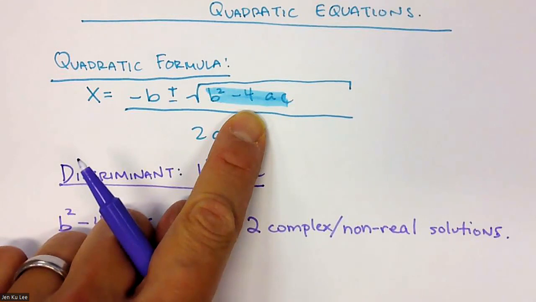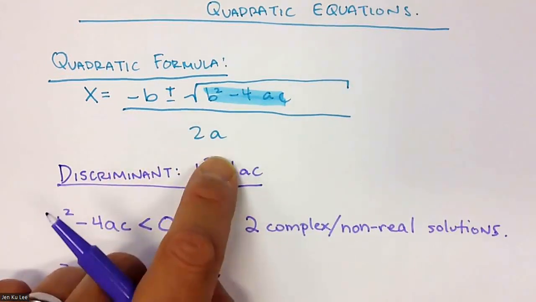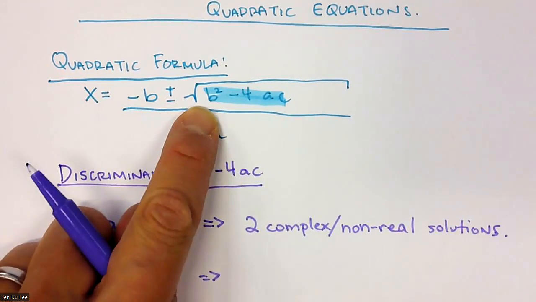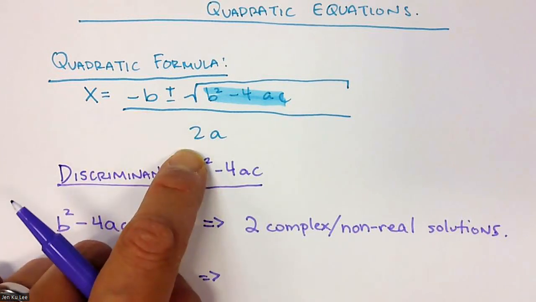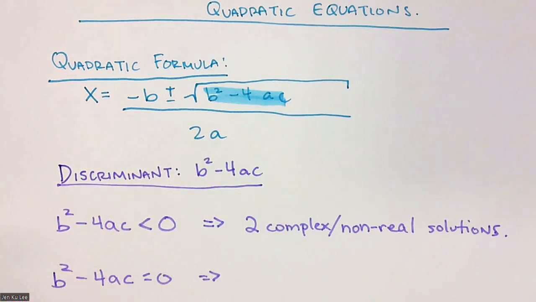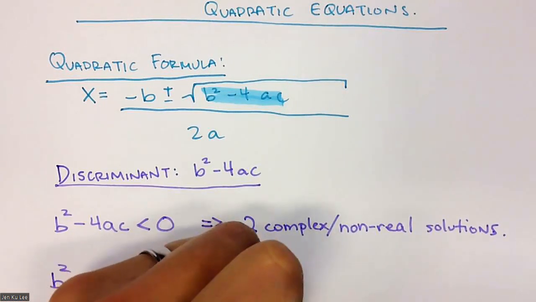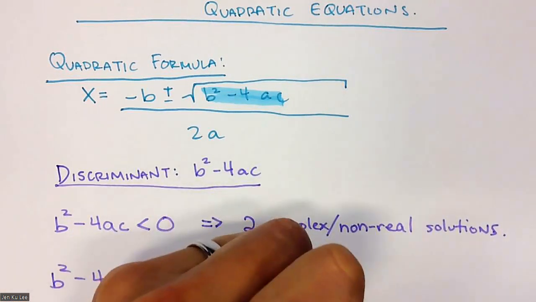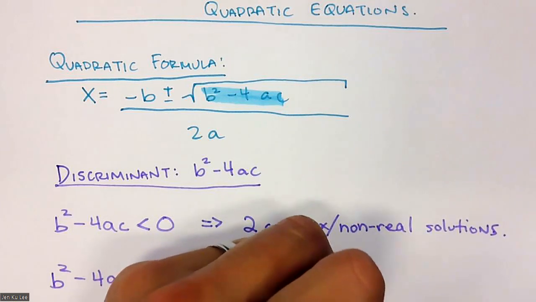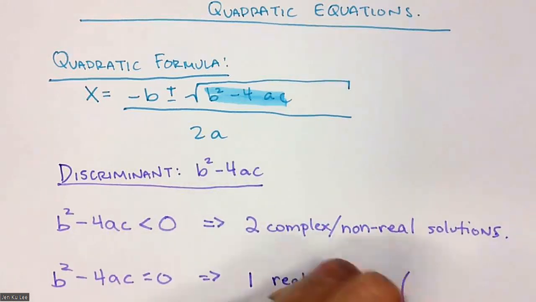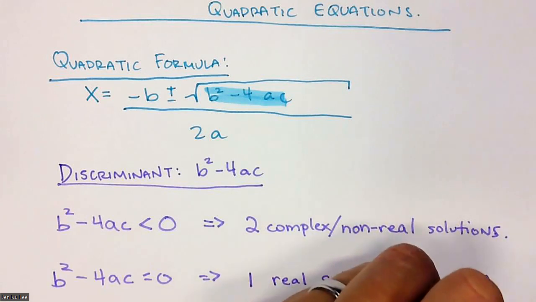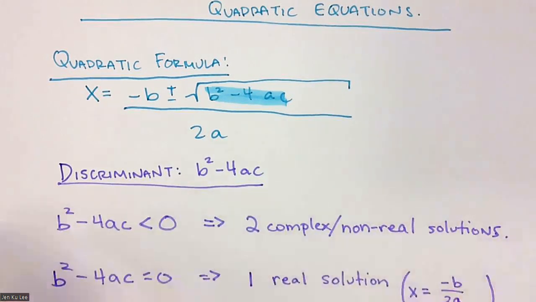Negative b plus 0 is just negative b over 2a, and negative b minus 0 is just negative b over 2a. So I would have the exact same number, because I'm adding or subtracting 0. So I have one real solution, and that solution would be negative b over 2a.